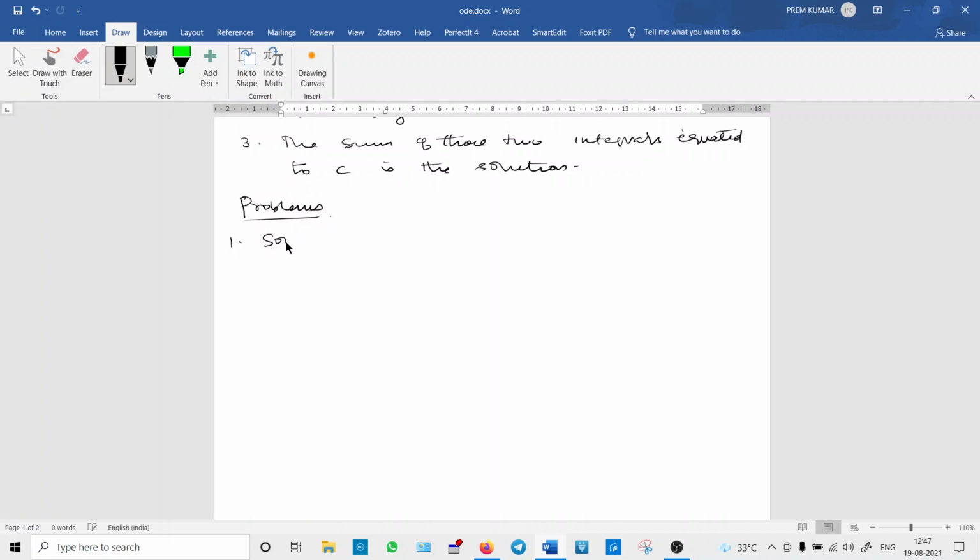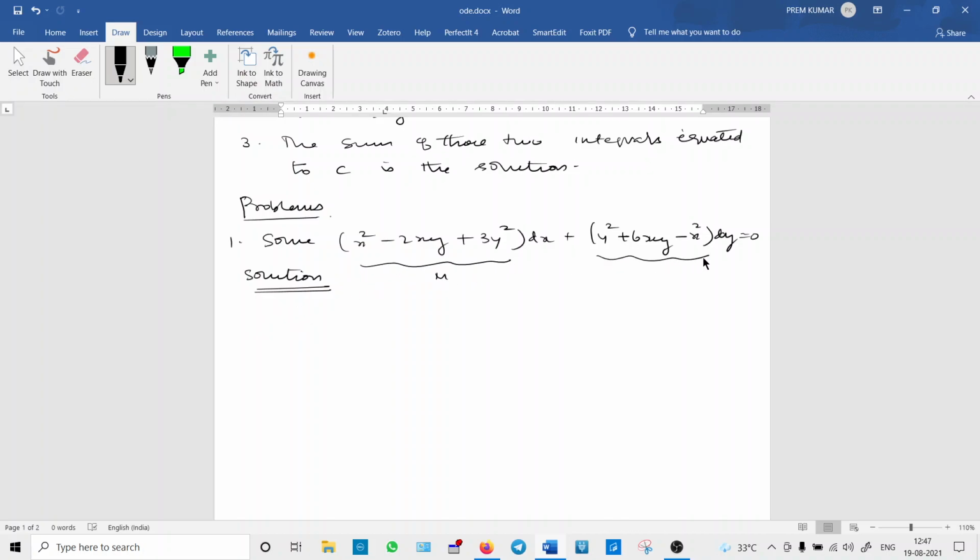Solve the first one: x square minus 2xy plus 3y square into dx plus y square plus 6xy minus x square into dy equals 0. This differential form is given, but we don't know whether it is exact or not.